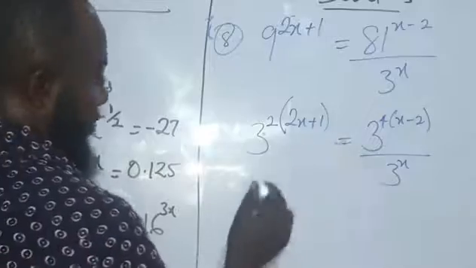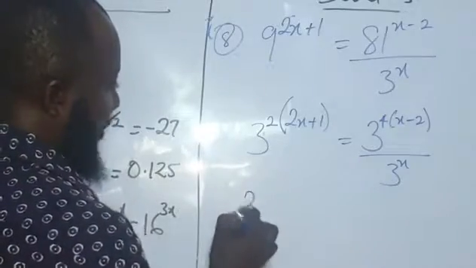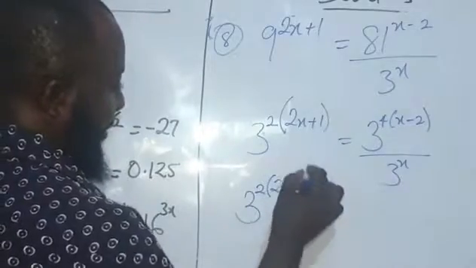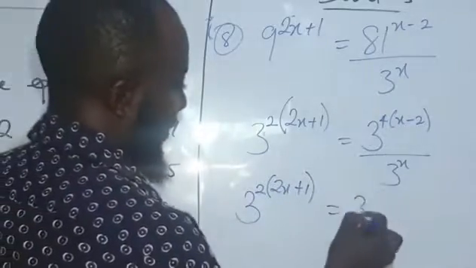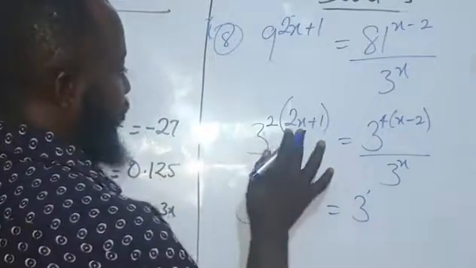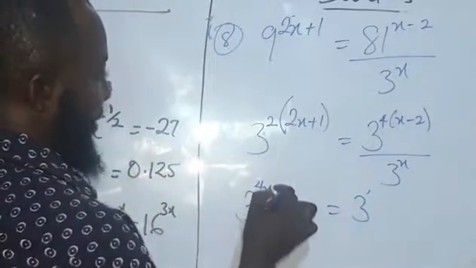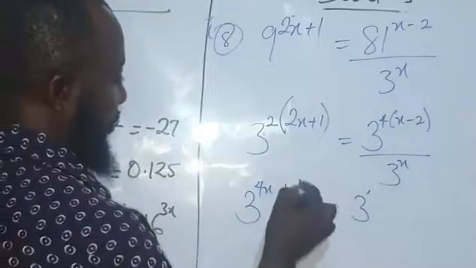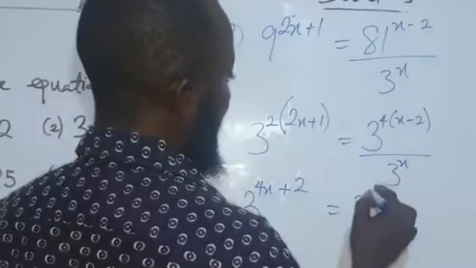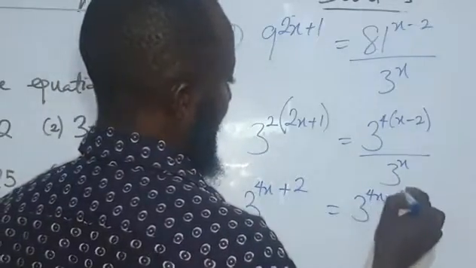So we have 3 raised to 2 into 2x plus 1 equals 3 raised to... Let's open this one straight. 2 times 2x is 4x, plus 2 times 1, 2. Then this will be 3 raised to 4x minus 8.